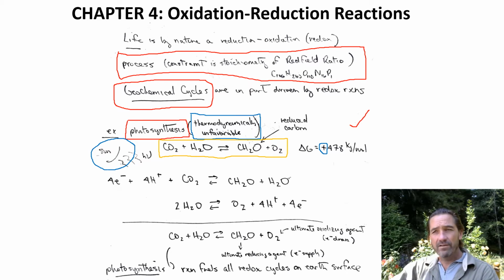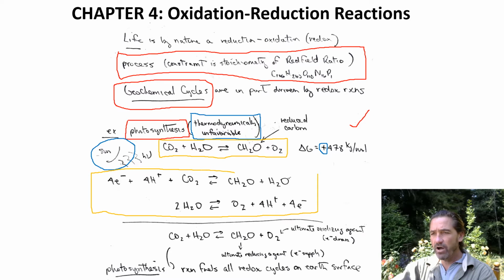But in fact, the reaction is made up of two half reactions. We call these half reactions, where we're actually getting the transfer of electrons, and the electrons are coming from water, and then those electrons are being accepted by CO2 to make the biomass.